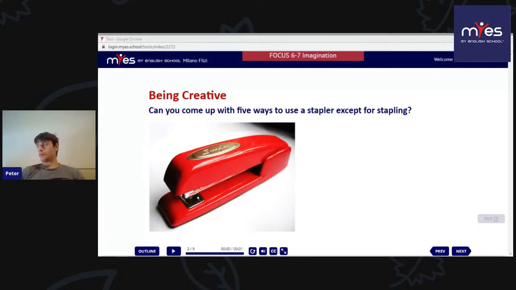A door stop is an object that prevents a door from closing. We call it a door stop.